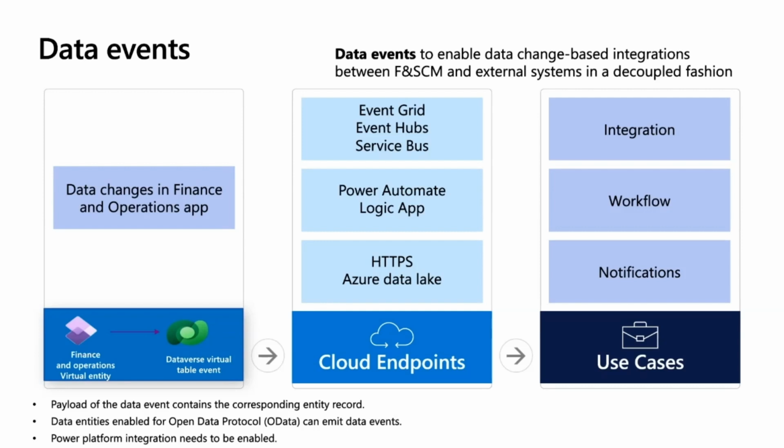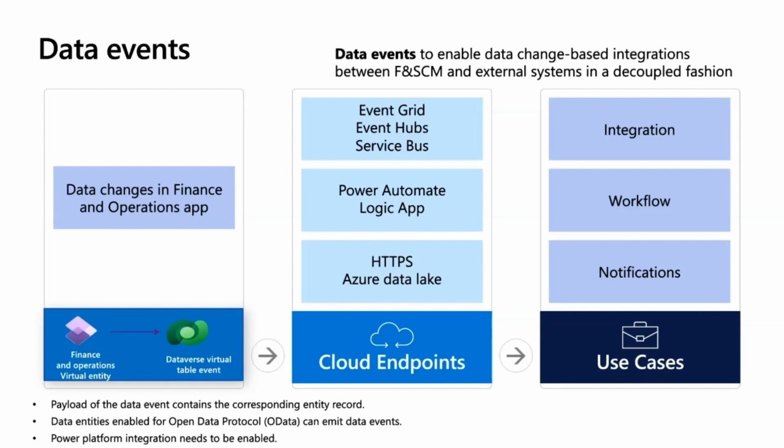This is also based on entities, so if any data source in that entity has any create, update, or delete operation, you can track that using data events. Then same endpoints, and you can use it for the same use cases. It's just that the starting point of your integration differs when you use data events and business events. Business events are for business processes, data events are for any data changes happening.